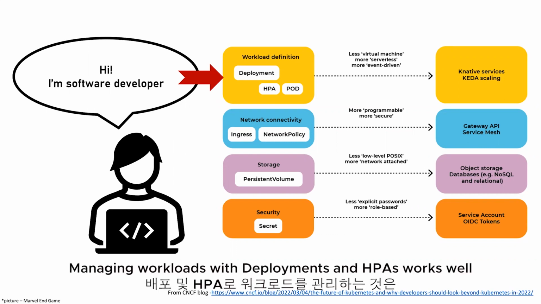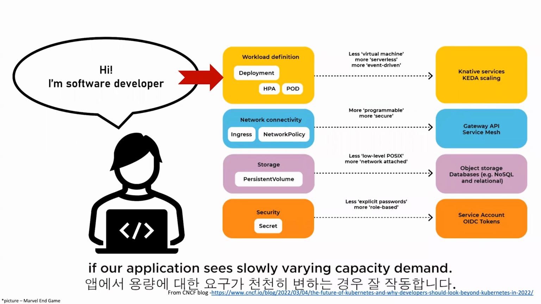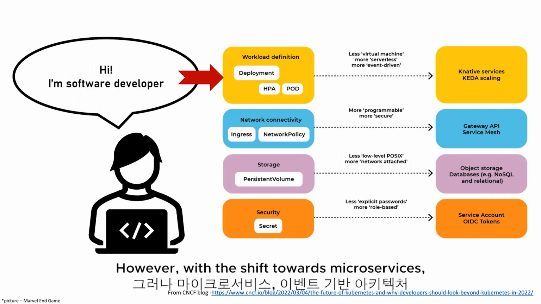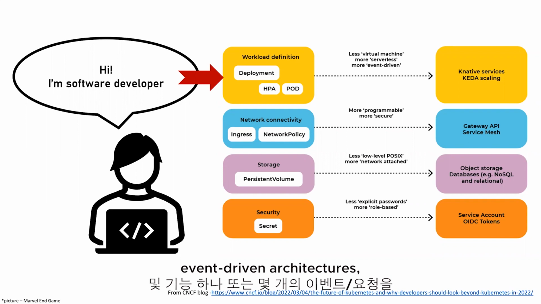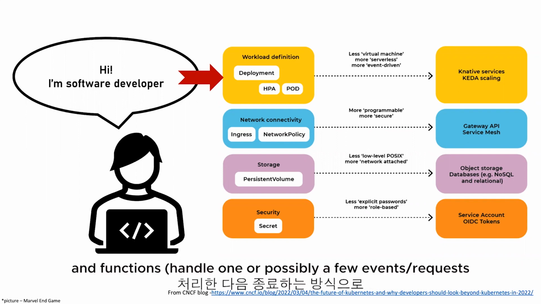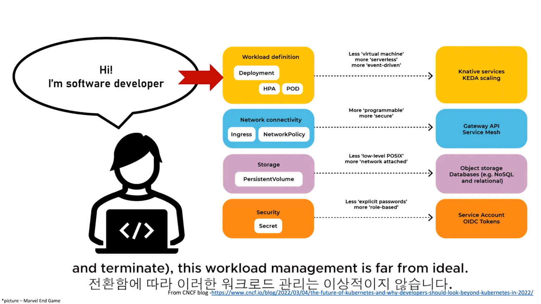Workload definition. Managing workloads with deployments and HPAs works well if our application sees slowly varying capacity demands. However, with the shift toward microservices, event-driven architectures, and functions which handle one or possibly a few events or requests and then terminate, this form of workload management is far from ideal.